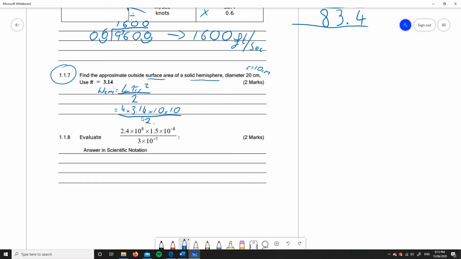Okay, so what that is going to be is 1256 divided by 2. We'll work that out quickly up the top here.